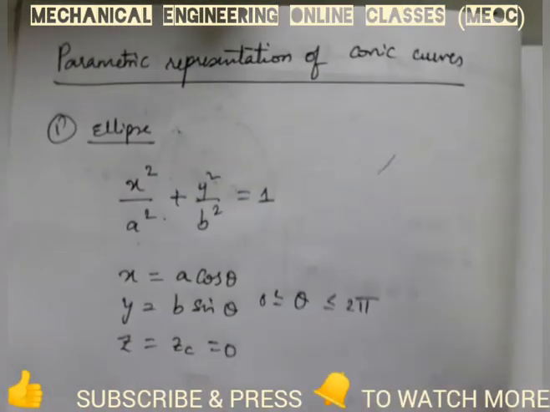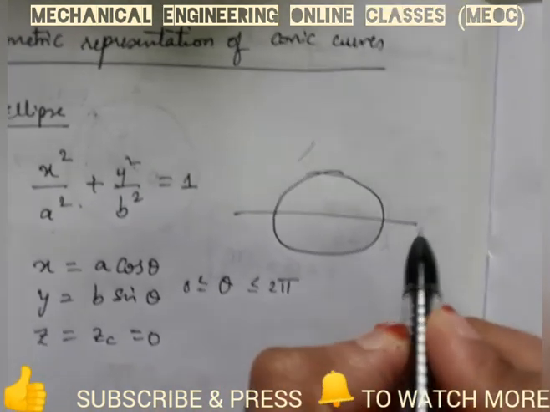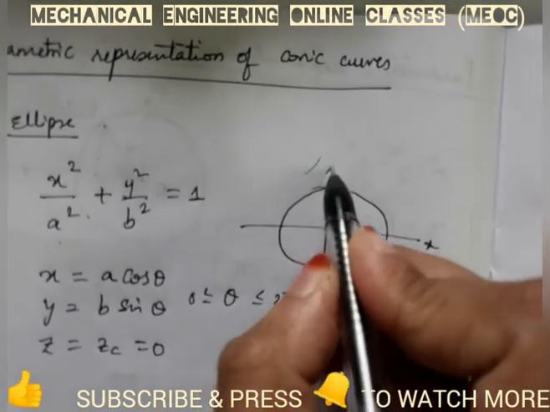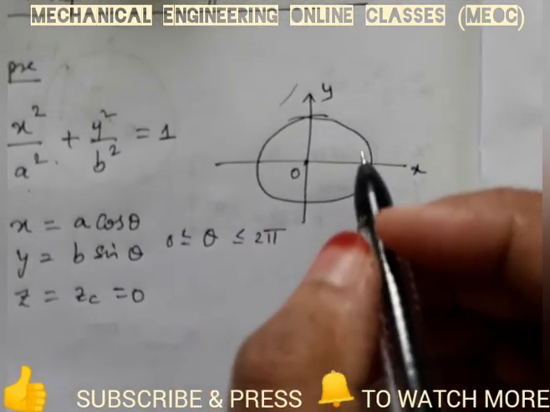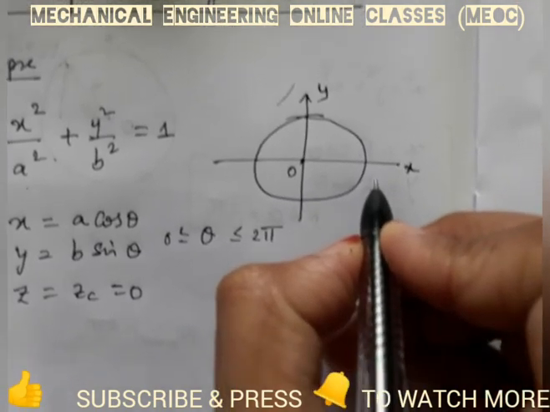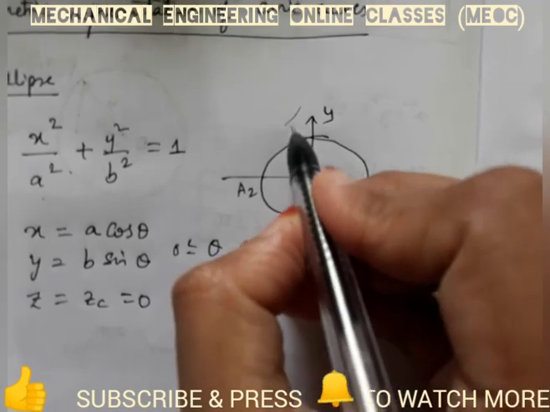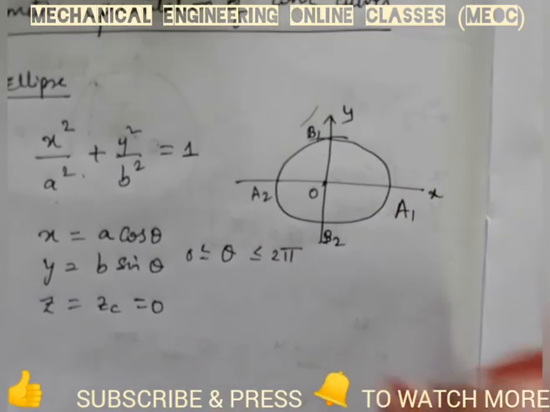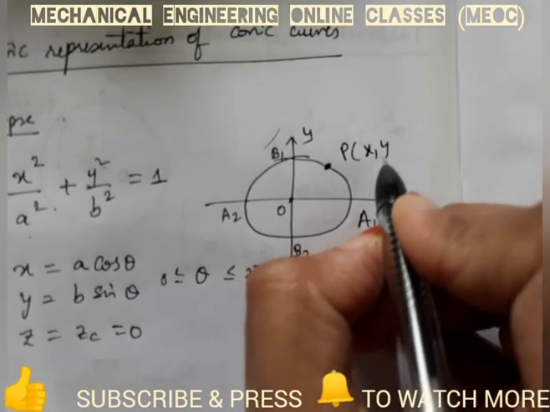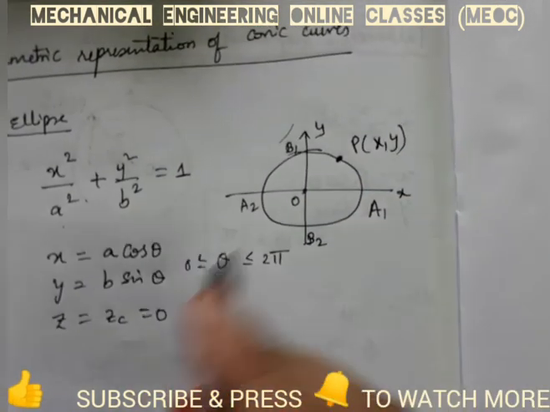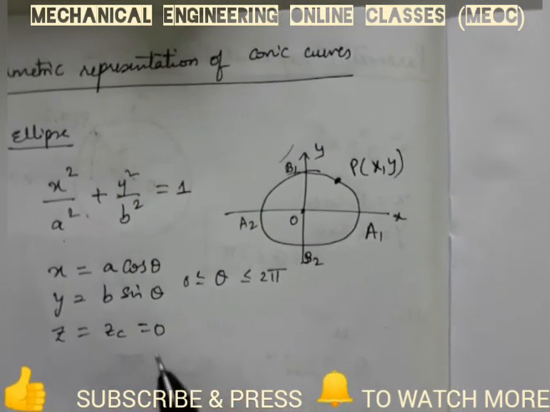If we consider this is O. Let this be some A1 point, A2 point, B1 point and B2 point. Let the point be x, y, p. So we can write p of x, y as a cos theta comma b sin theta.